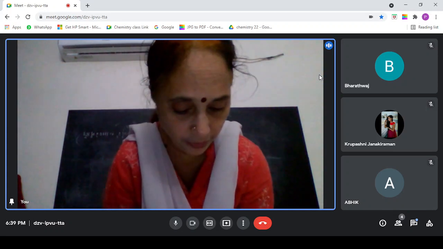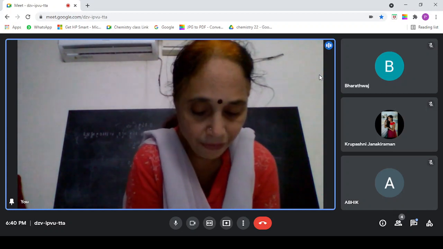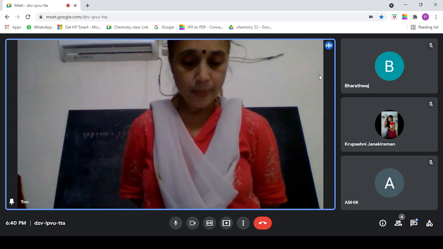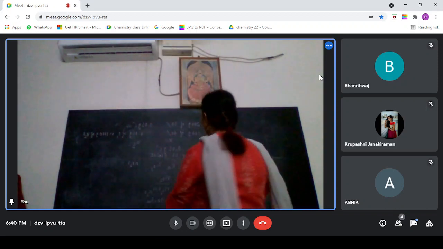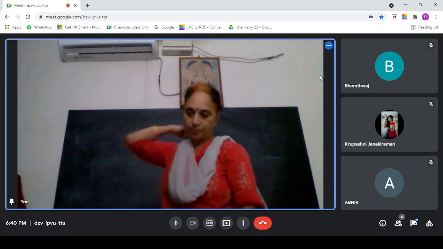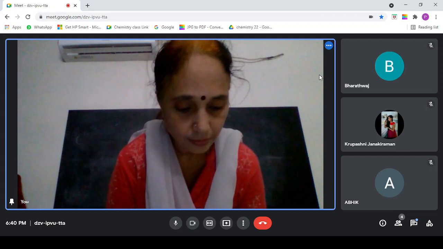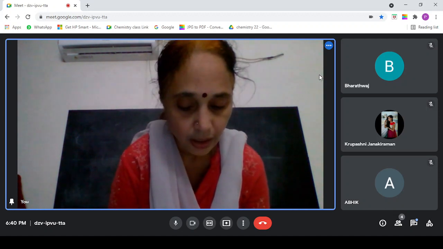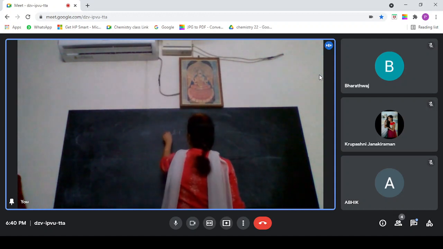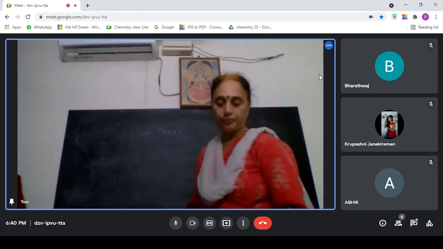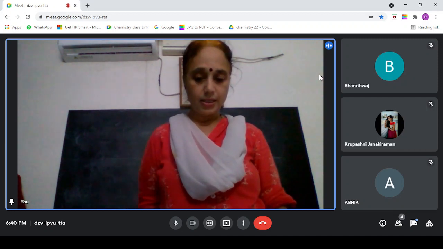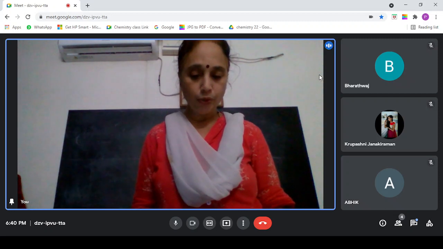Okay, I'll just give you an easier one, then we'll do the tougher one. The mole fraction of helium in a saturated solution at 20 degrees centigrade is 1.2 into 10 to the power of minus 6.